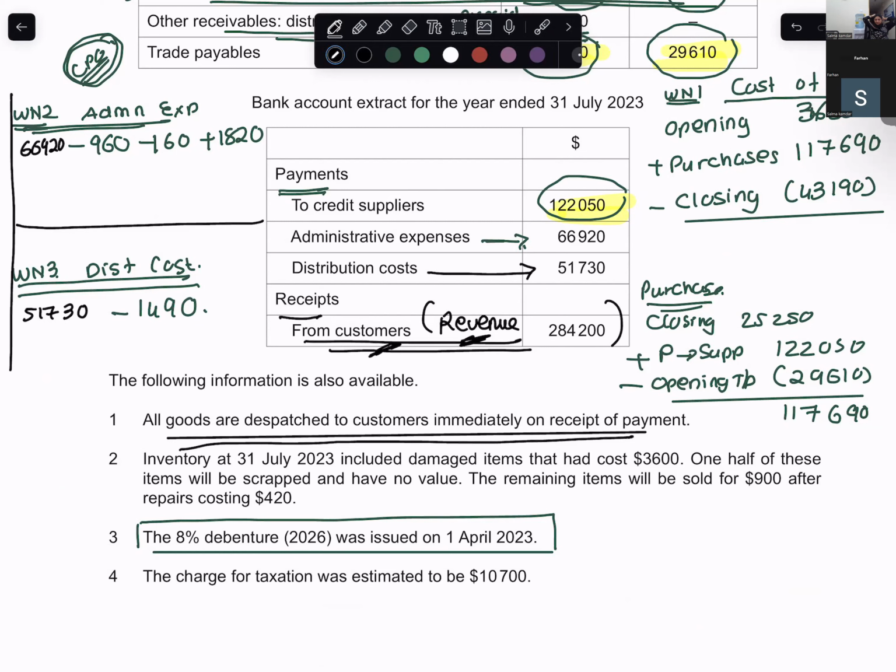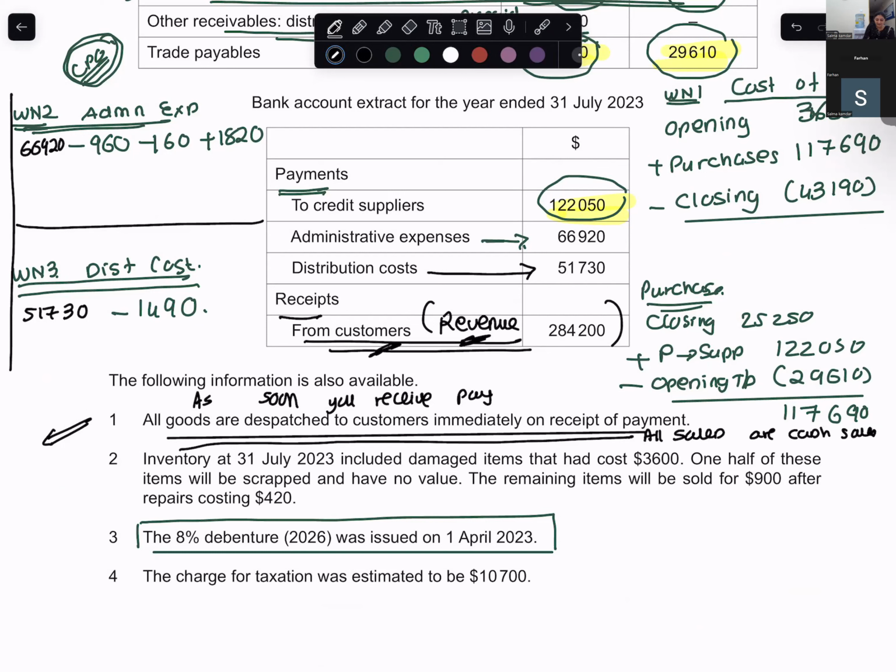Immediately on receipt of payment, because they paid for it. As soon as the customer paid, you dispatch the goods, which means all sales are cash sales.